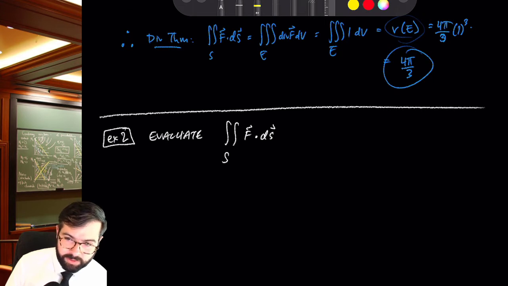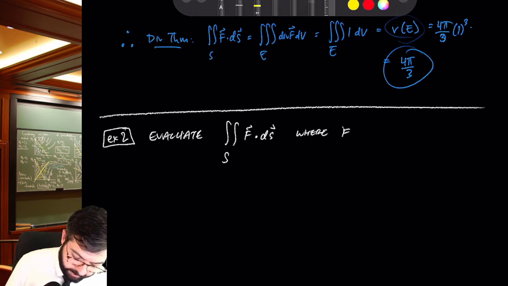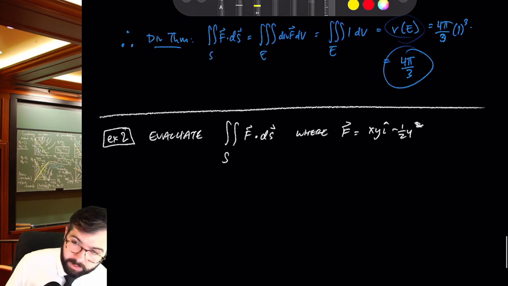So let's evaluate this flux integral where big F is xy i minus a half y squared plus z k hat. Oh, where's my j hat here?